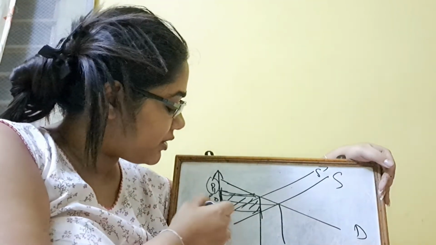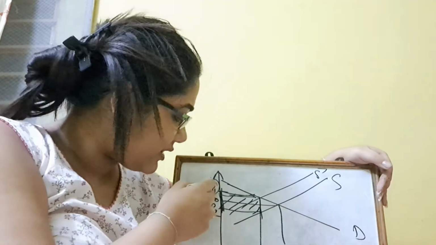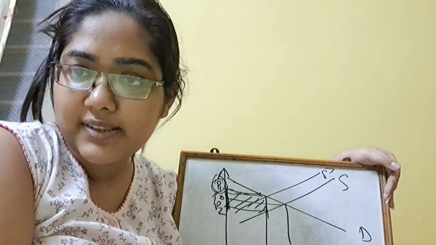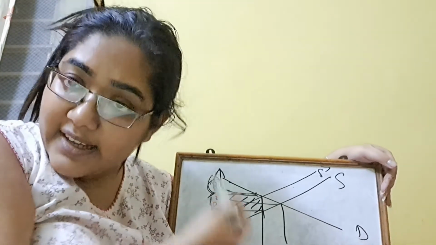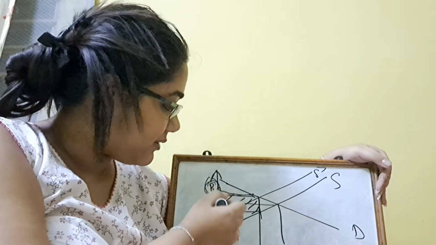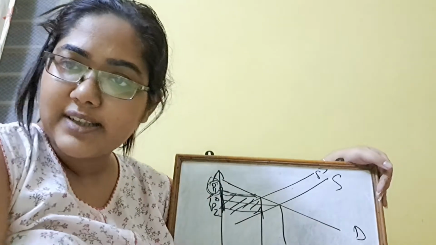And some portion of the taxes is now paid by the consumers. So whatever price the consumer is paying is not being received by the sellers. They are receiving less than that. So this difference between P1 and P2 is the tax revenue that the government is appropriating.